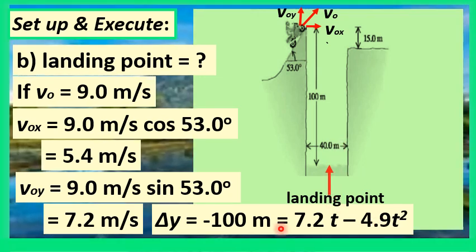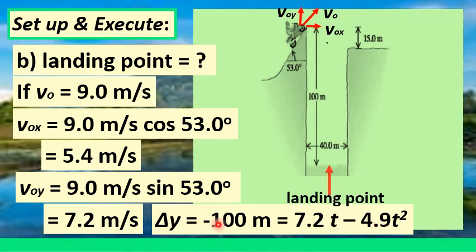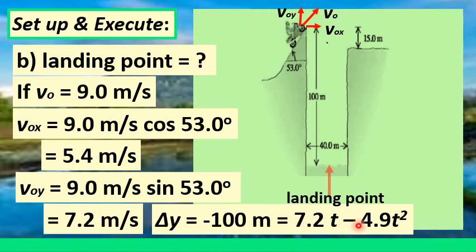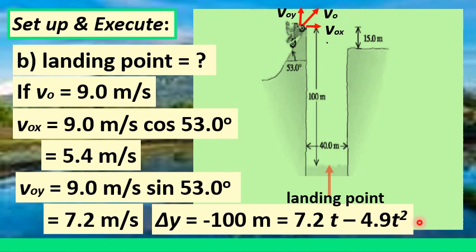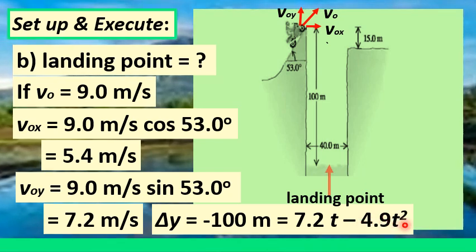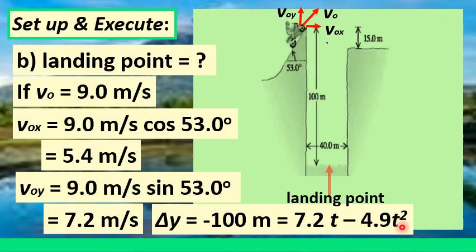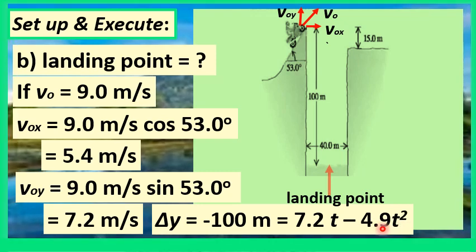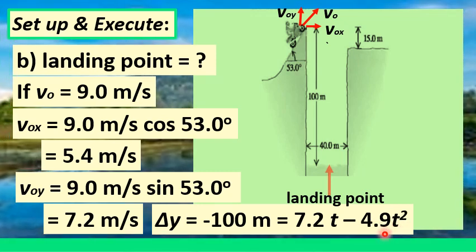All right. So our complete equation for delta y is negative 100 meters equal to 7.2 t minus 4.9 t squared. Minus because we consider the acceleration due to gravity to be negative. And 1/2 of negative 9.8, of course, is negative 4.9.